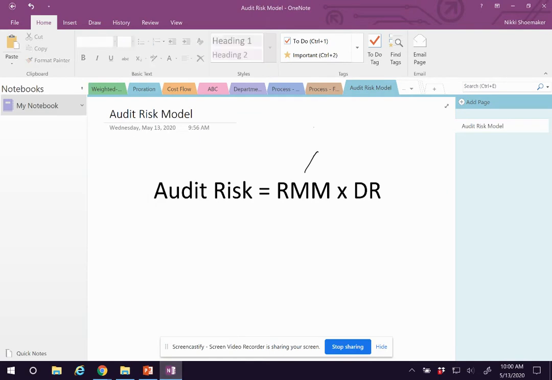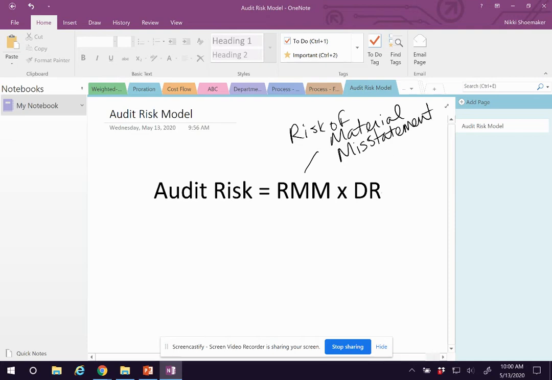Remember that RMM is risk of material misstatement. And DR is detection risk.